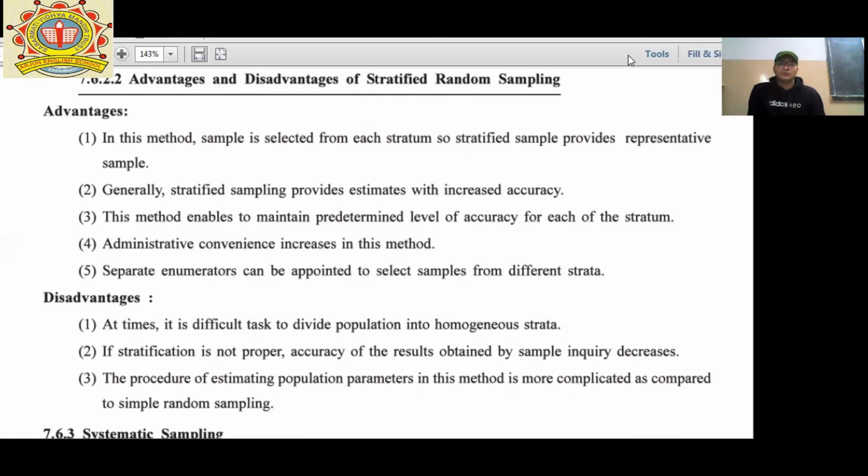Third point, the procedure of estimating the population parameters in this method is more complicated as compared to simple random sampling. It means that here we have to divide into different groups according to their homogeneous levels, and then select the representative from each group, so it is a more difficult task compared to simple random sampling.